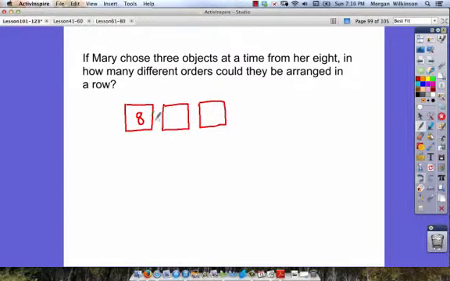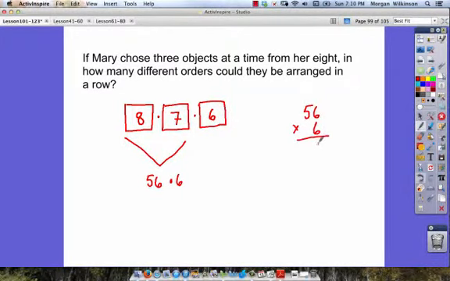She's going to pick one of them. So for her second choice, she's picked one already, so she only has 7 choices left. Then for her third choice, she has only 6 choices left because 2 things have been taken. Now this one, 8 times 7 is 56, and 56 times 6 will give us our answer.